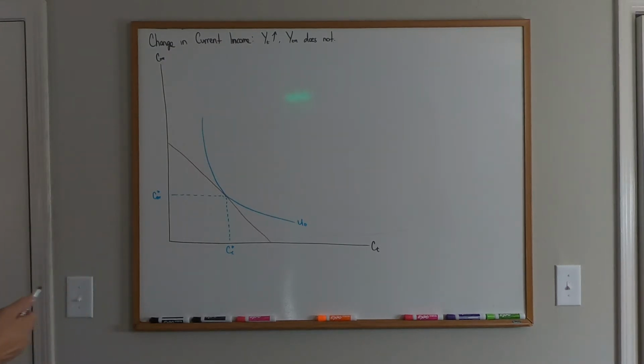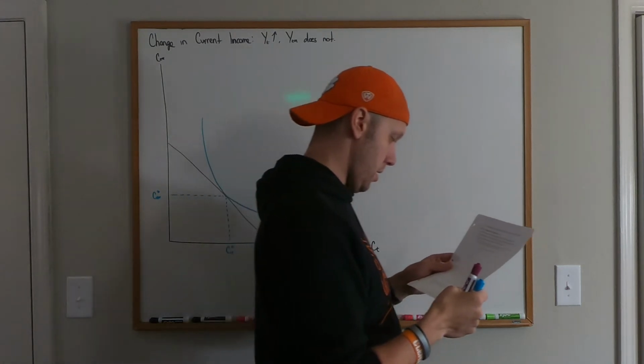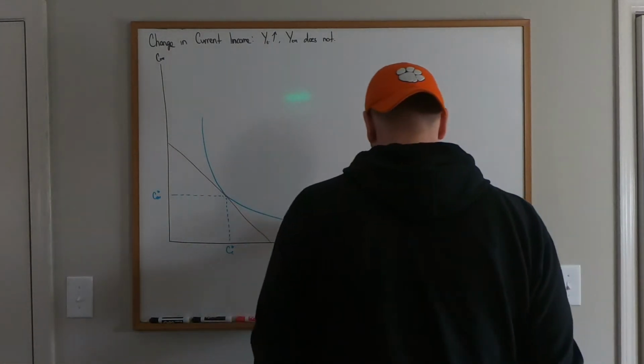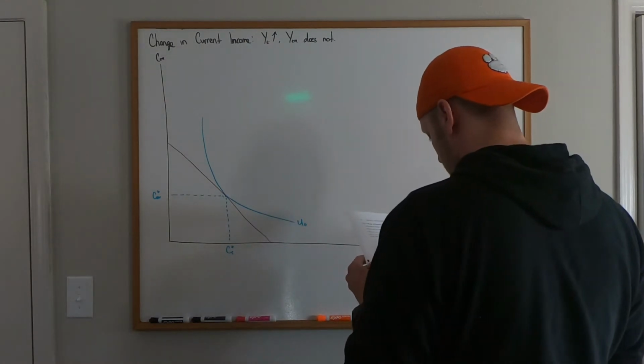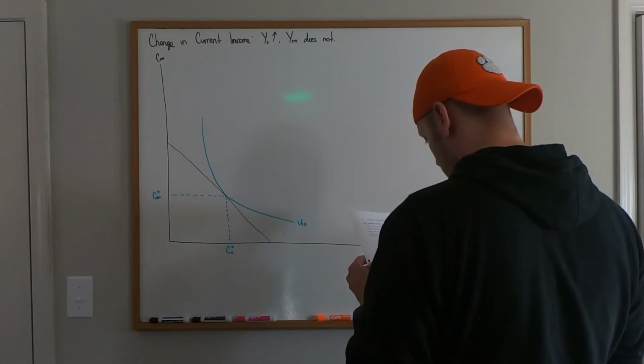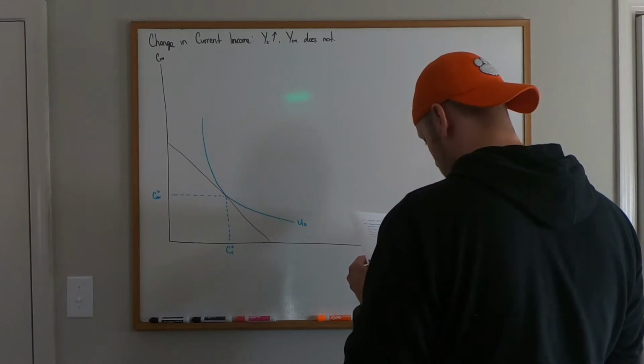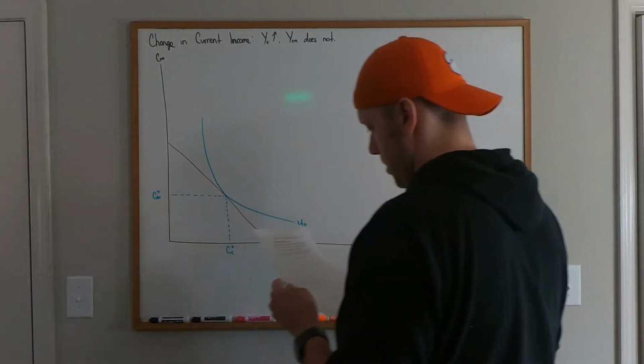Now, do we want the agent to be saving or borrowing initially? Let's think about this. Well, look at the notes, and the notes can tell us exactly what we want this to be. So let's say they are initially borrowing.